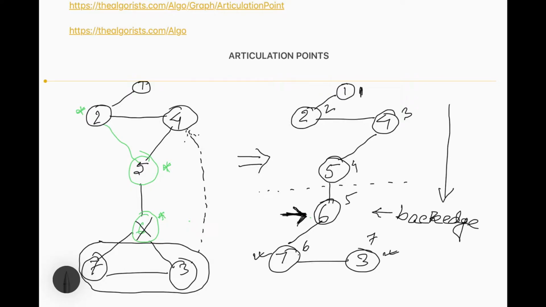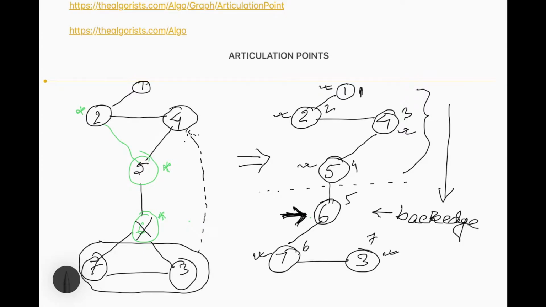While I'm at 6, 1, 2, 4, and 5 have already been discovered. So if any of the descendants of node 6 has a back edge to any of the nodes which have already been discovered, then we know that the current node, which is node 6, is not an articulation point.